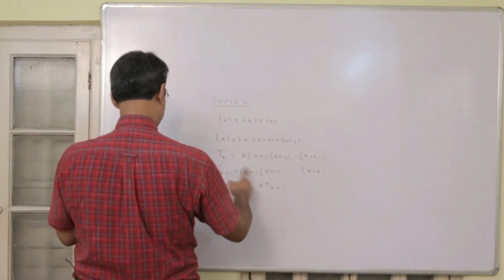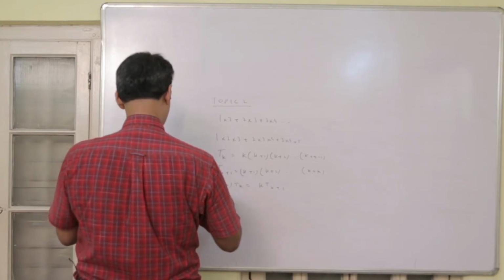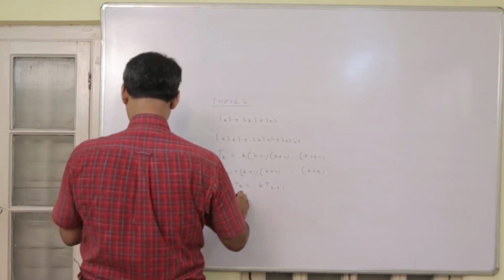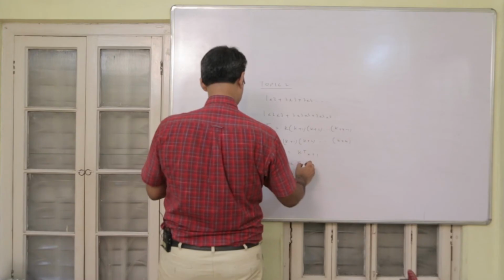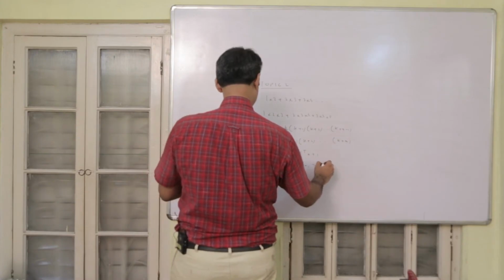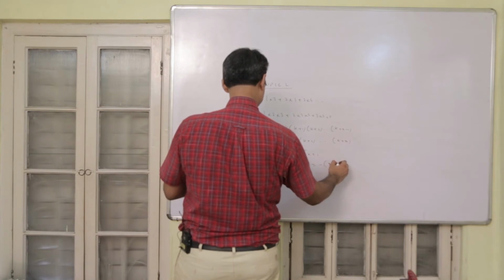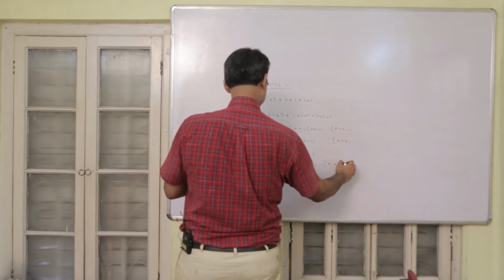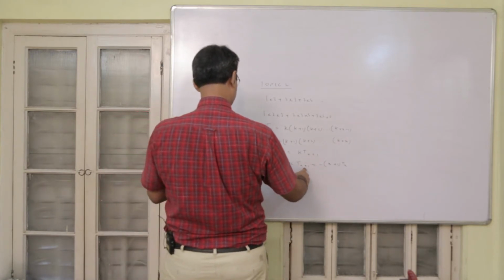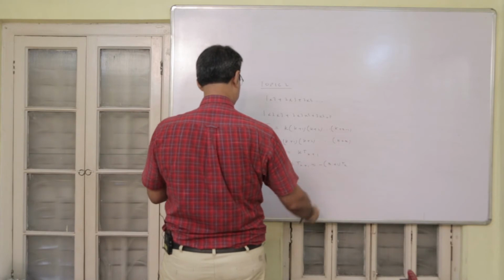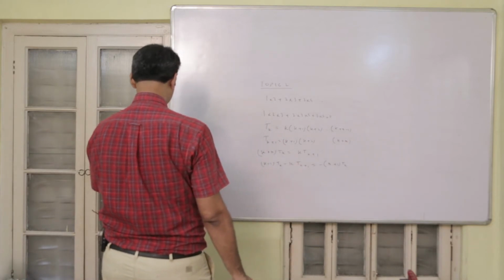So we can rewrite this equation in another form. k minus 1 into Tk minus k into Tk plus 1 is equal to minus of r plus 1 into Tk.